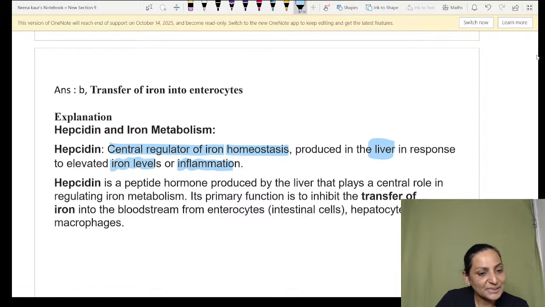This hepcidin is a peptide hormone produced by the liver, and it plays an important role in regulating your iron metabolism. Its main function is to inhibit the transfer of iron into the bloodstream from the enterocytes, or from the hepatocytes, or from the macrophages. So remember, it is playing a very, very important role in your iron metabolism.